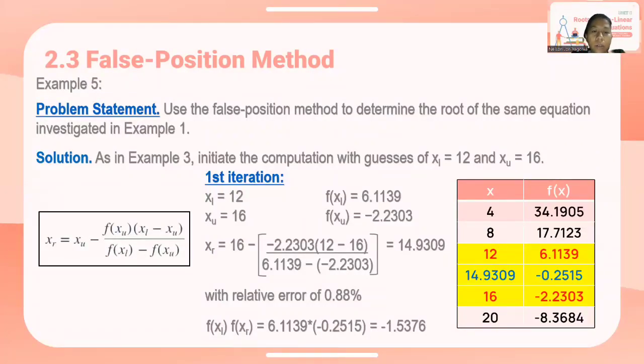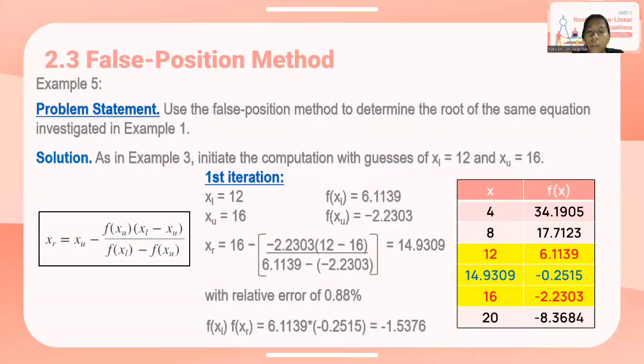The given are xl equals 12, xu equals 16. From the table, we have f(xl) for 12 is 6.1139.